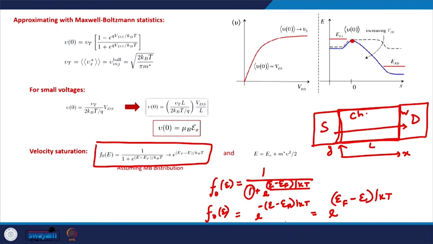Now if we look at just the top of the channel at x equal to 0 and try to understand the velocity here, we'll come to that. So what is this E here?